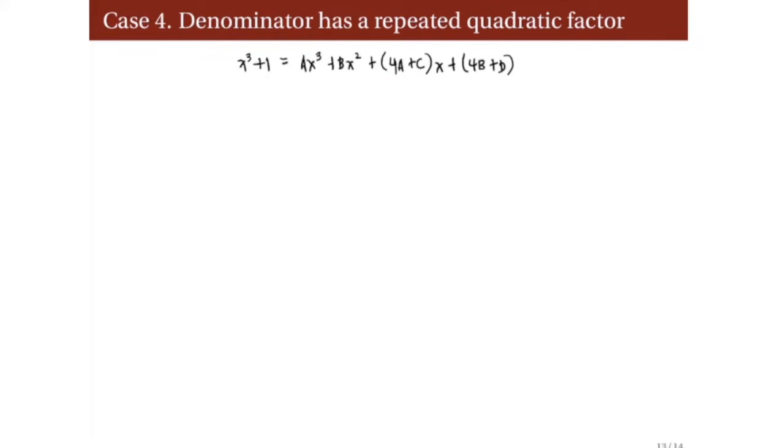So if we compare coefficients, sinasabi nito na yung coefficient ni x cubed sa left, which is 1, should be equal dun sa coefficient ni x cubed sa right, which is a. So yung a natin dito is 1. Yung coefficient ni x squared sa right, which is b, should be equal to sa coefficient ni x squared sa left, which is 0.